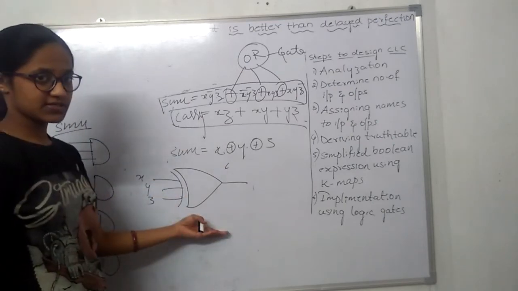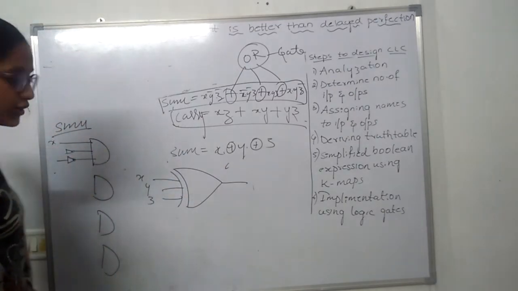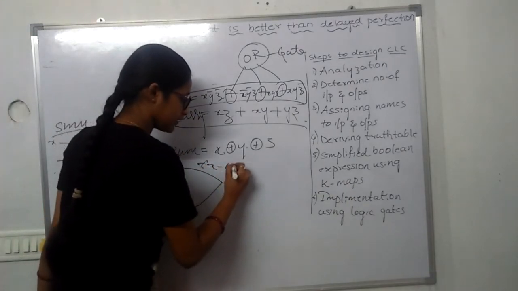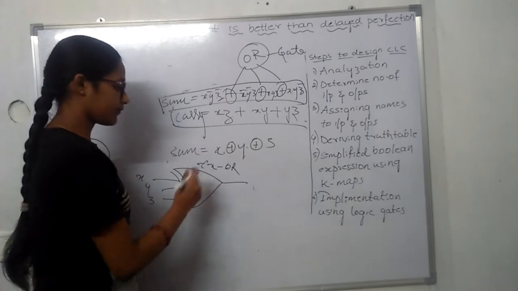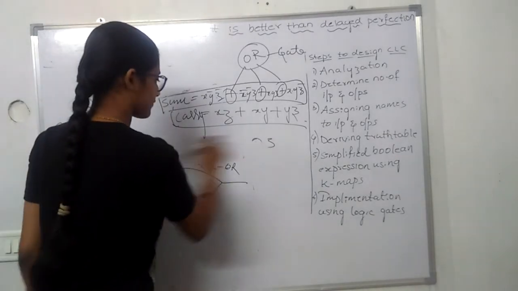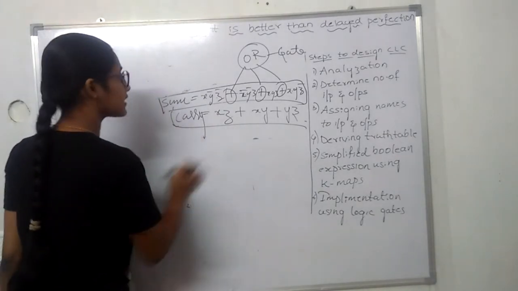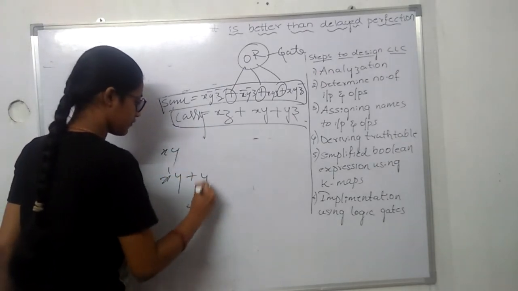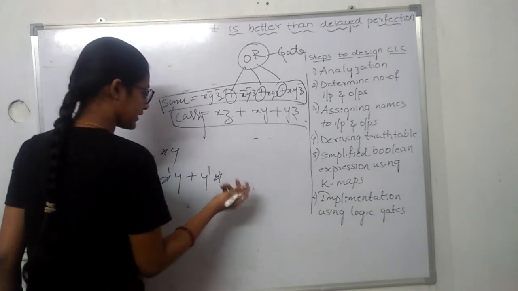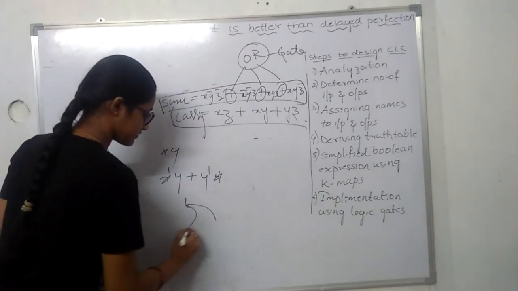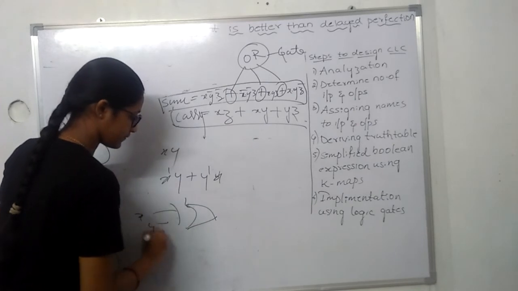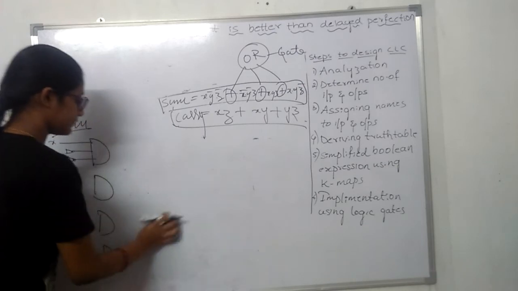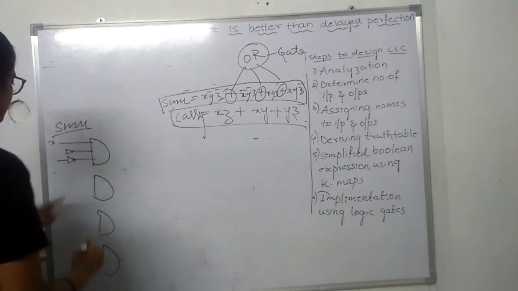You can directly draw this, but as I am drawing in basic logic gates, I am telling what this is: the XOR gate, the exclusive OR gate. If you have xy, then x bar y plus y bar x, you will get this output. Hope you know all these, but I am saying it just for simplicity.